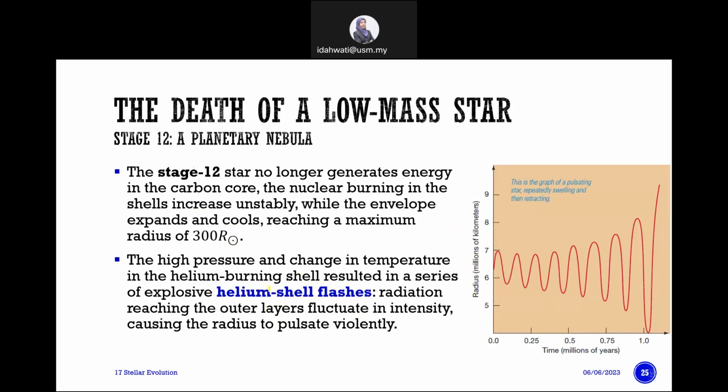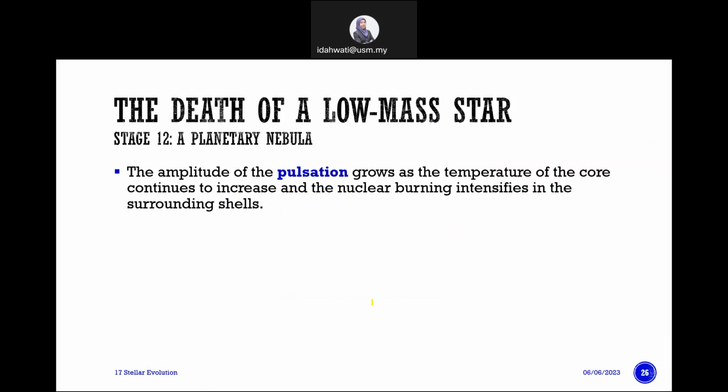Before this they stated the helium shell flashes, so you should know what the helium shell flashes are, and the pulsation. I think this pulsation is quite important, maybe in your midterm or final.